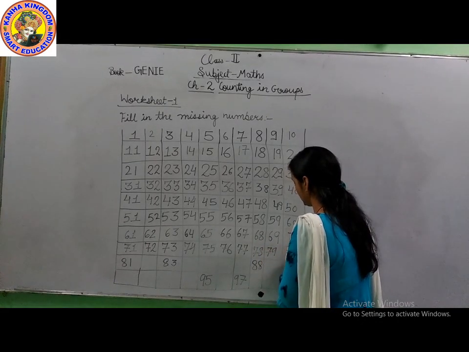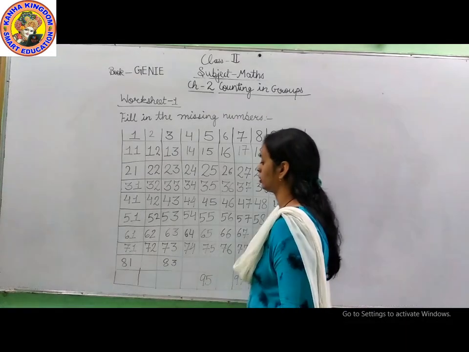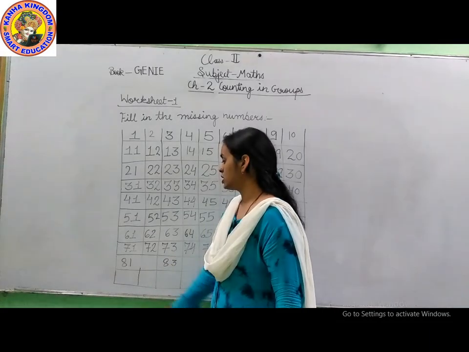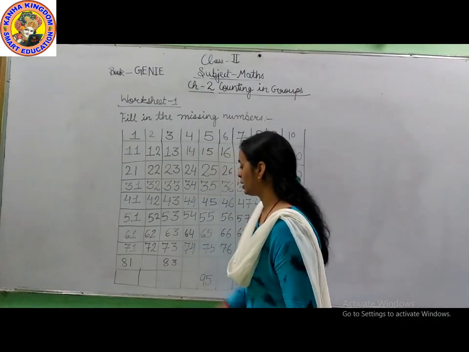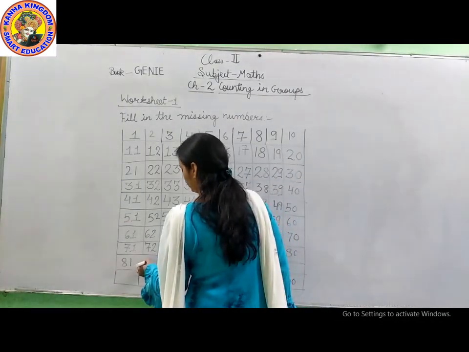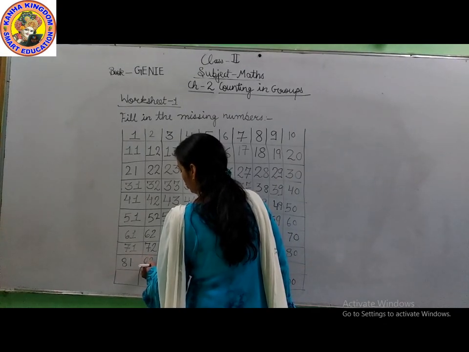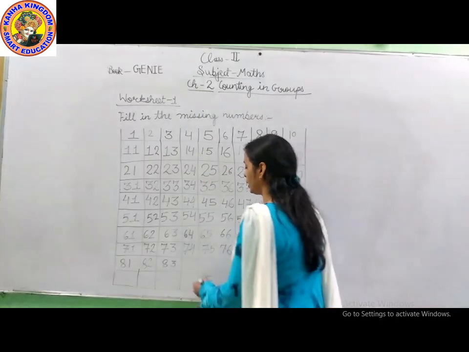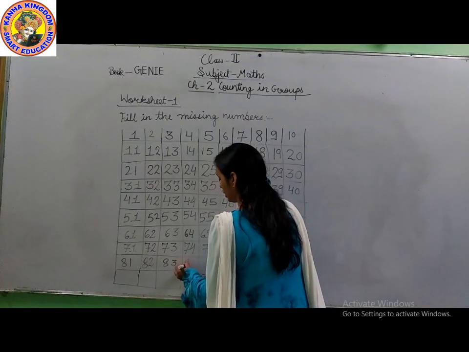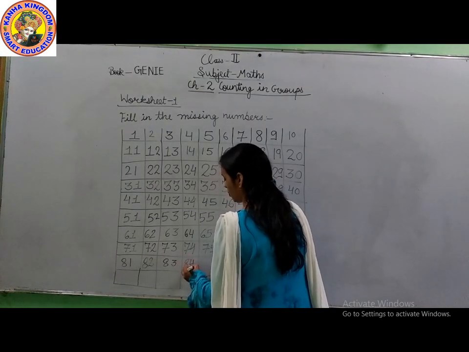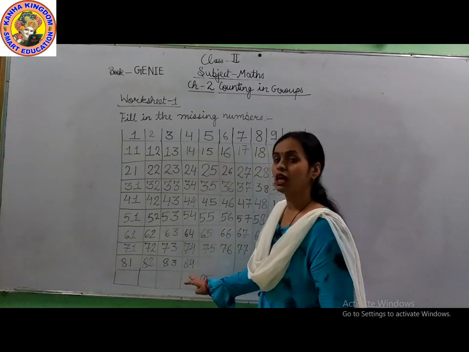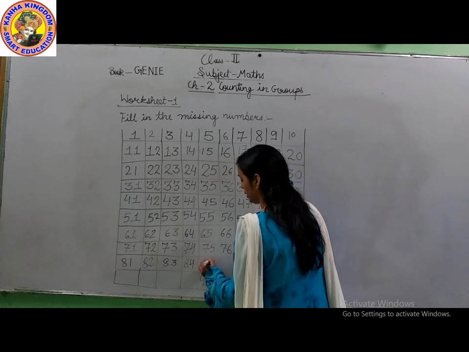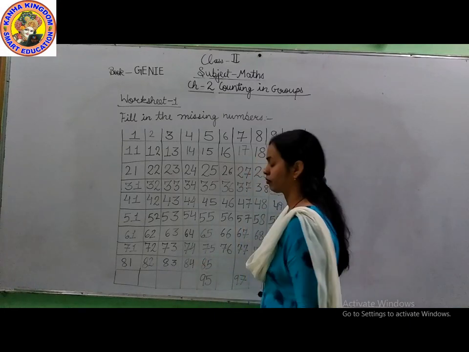And 80. Now, 80, 81, blank, 83. So, what comes between 81 and 83? 82. Now, after number of 83 is 84. Now, what comes after 84? 85.